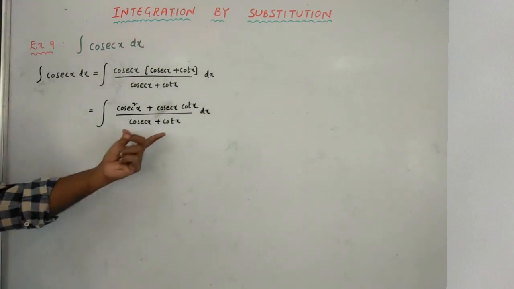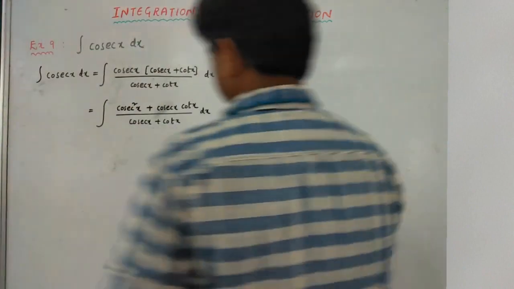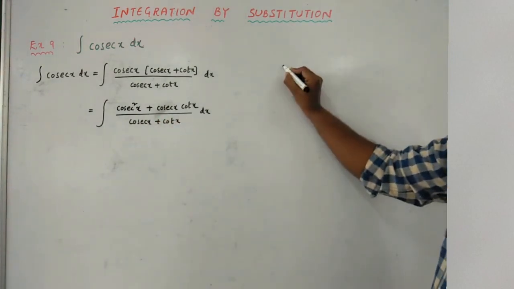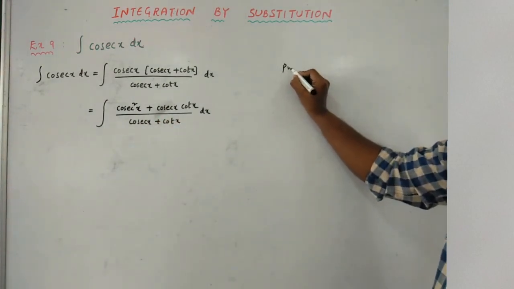Now take this denominator as t. Just take cosec x plus cot x equals t.